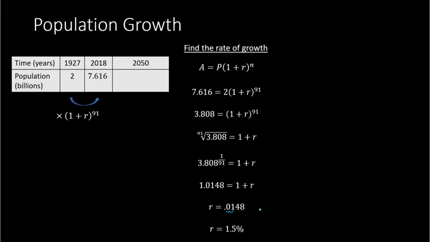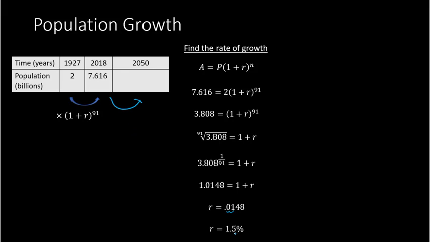So now we found the rate of increase. Now the question is, how can we use this to predict the population in the year 2050? So realize that we're going to take the 7.616 in 2018, and we're going to keep multiplying by the 1 plus r.